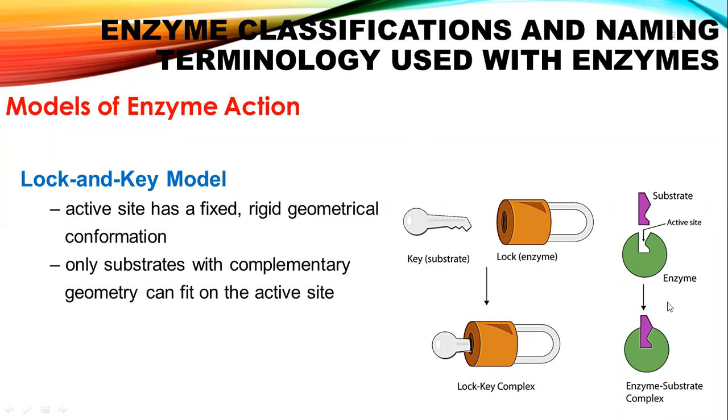Otherwise, they will have no enzyme substrate interaction. But if the substrate fits specifically to the enzyme, then you can have the enzyme substrate complex, and your enzyme can then catalyze the reaction once you have this complex. So it is the same as the lock and key model.